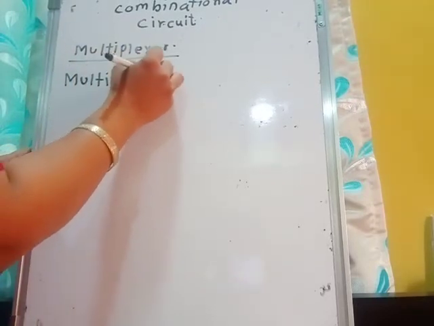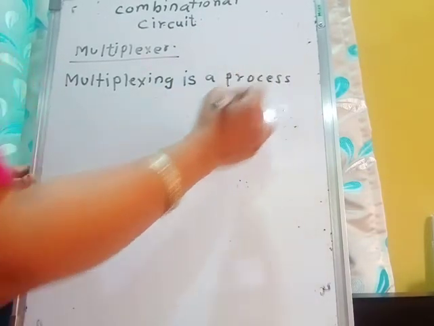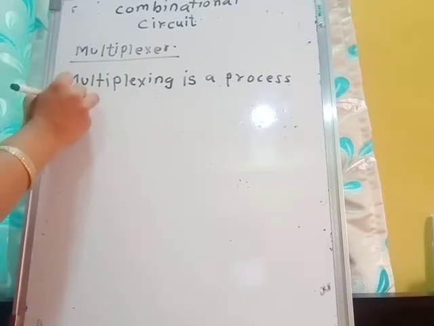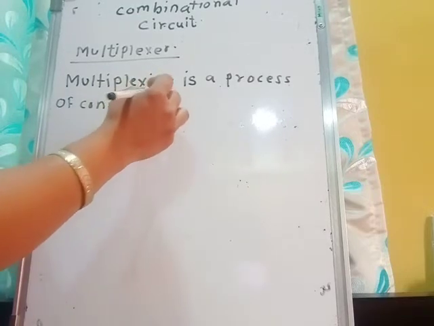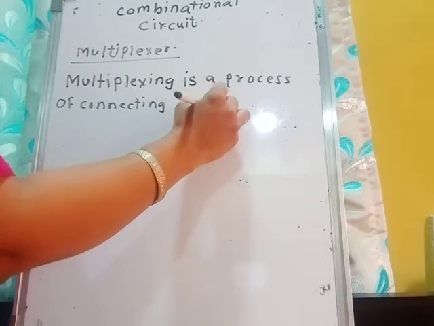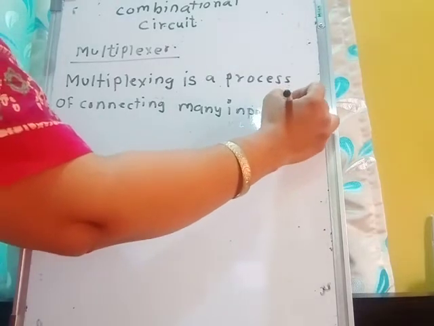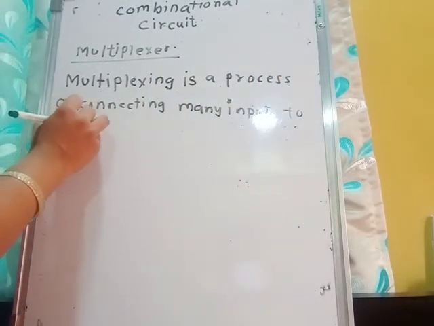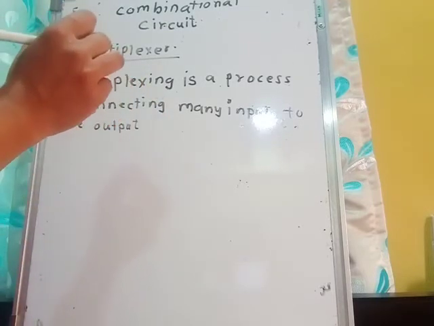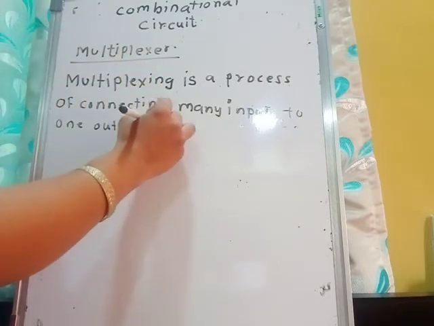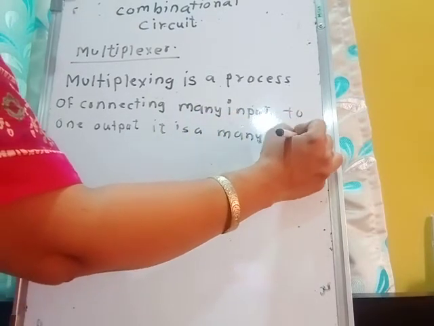Multiplexing is a process of connecting many inputs to one output. It is a many-to-one process.